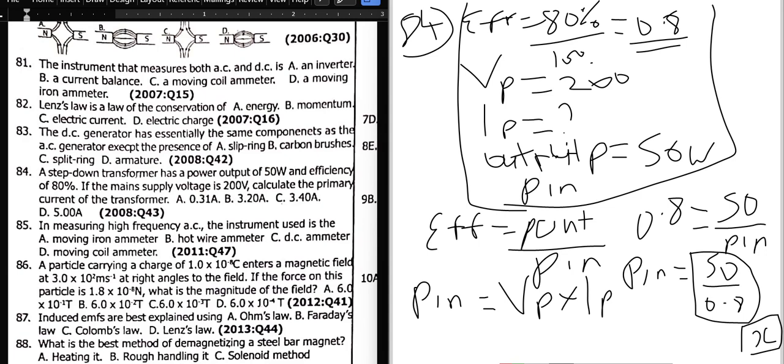Primary current was not given. So we say IP, that's primary current, is equal to power in over primary voltage, which is the same thing as your X. The answer you got here, X over 200. That is that for that.